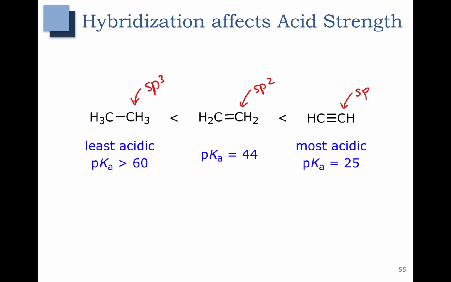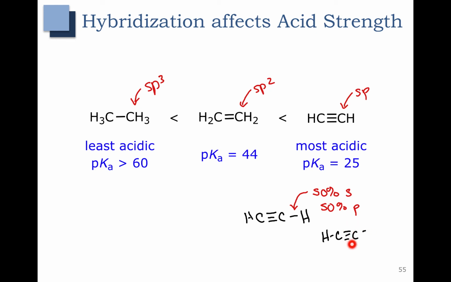So why is this the case? Remember that when we talk about our carbon-hydrogen bond, this bond here contains 50% S character and 50% P character. That means that once we deprotonate it, we have a lot more S character, and the S character contributes to stabilizing the conjugate base.